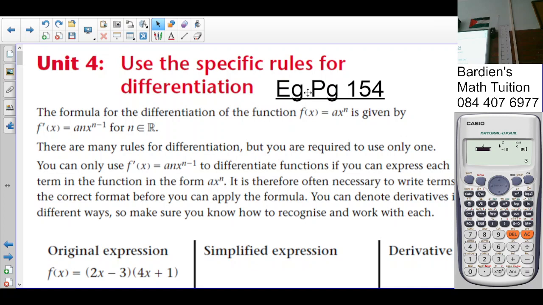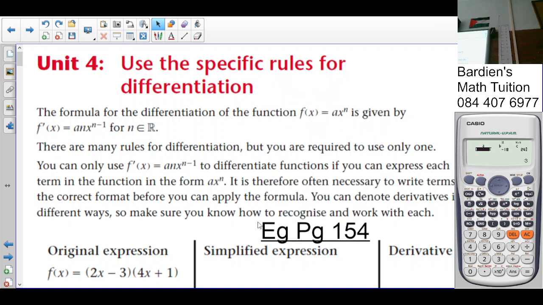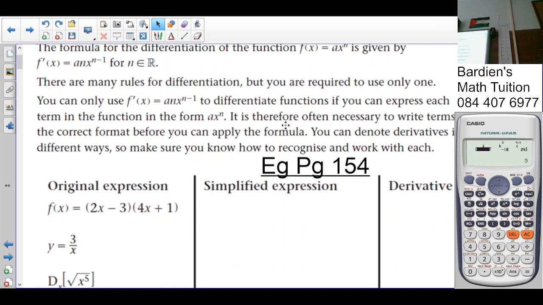As I've indicated earlier, there are more rules to differentiation, a lot more, but just for now we're keeping it simple. It is therefore often necessary to write the function in the correct format before differentiating.